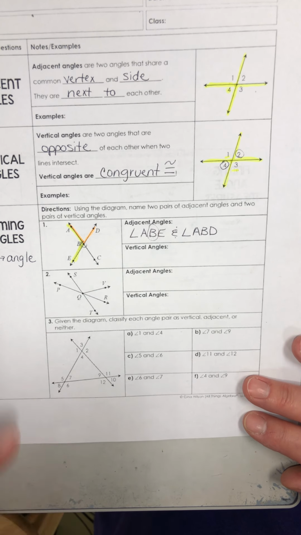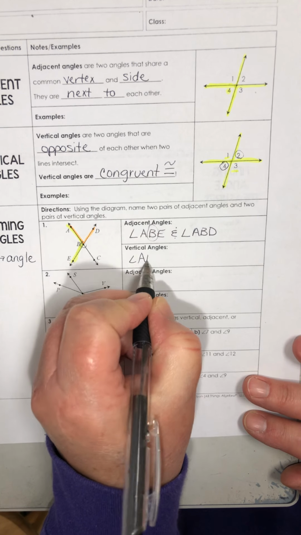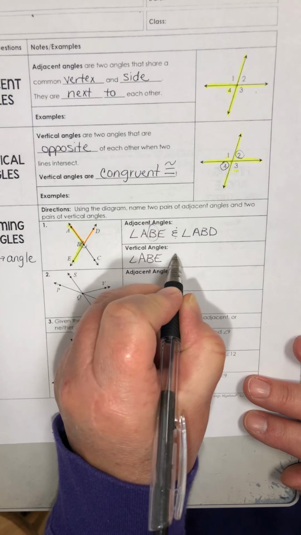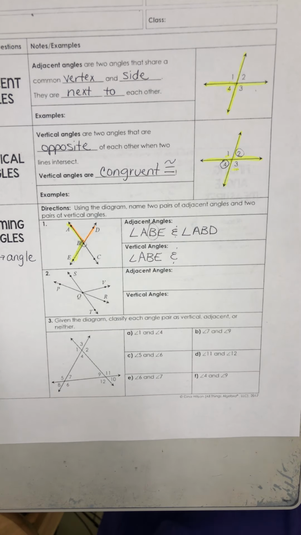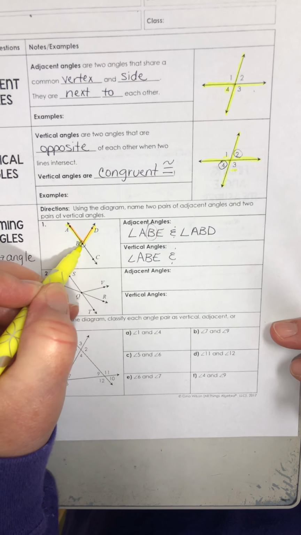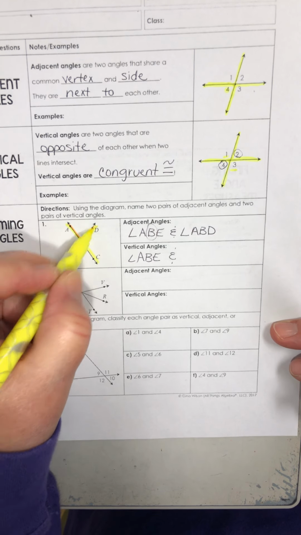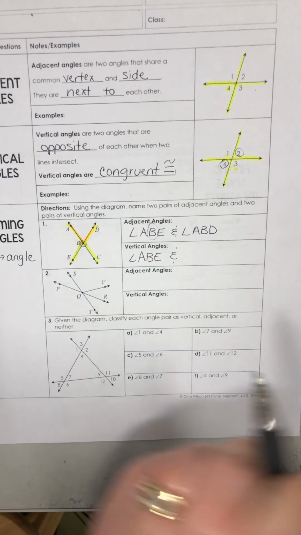Okay, how about an angle that is vertical to ABE? Angle ABE, and remember they're opposite. Okay, so I can't use anything that's actually touching ABE. And so I'm going to go to the opposite side over here. And we have angle DBC on the opposite side of ABE.